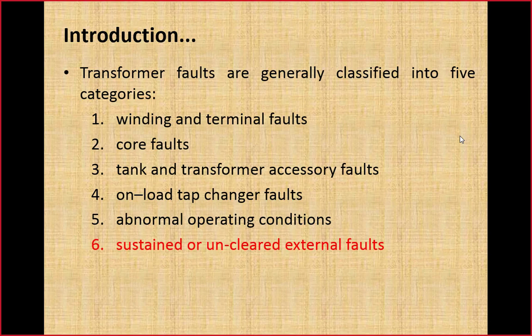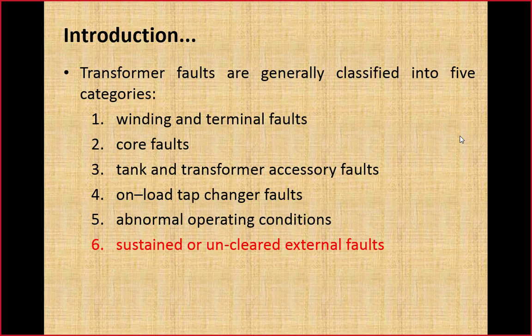So if the fault is not cleared by the primary protection of that corresponding power system component, we must have some protection here to protect the transformer against that fault. That is known as through faults: a fault which is passing through the transformer but does not occur on the transformer. That is something that must be addressed as well. So this sixth category is indirectly affecting the transformer.